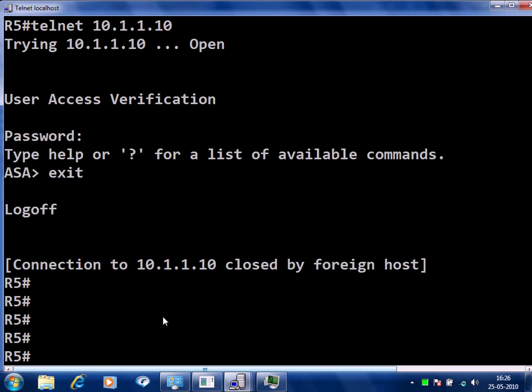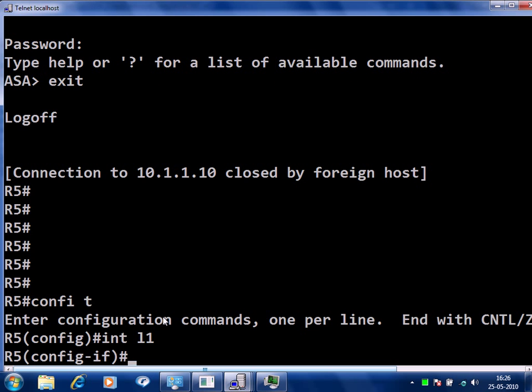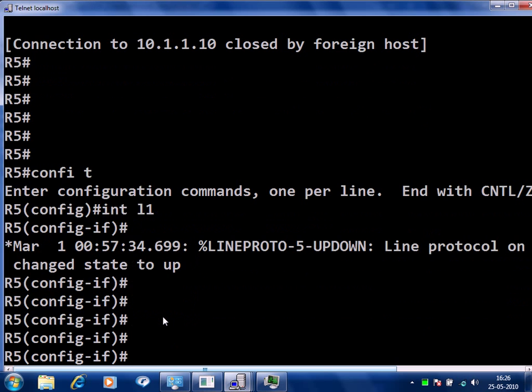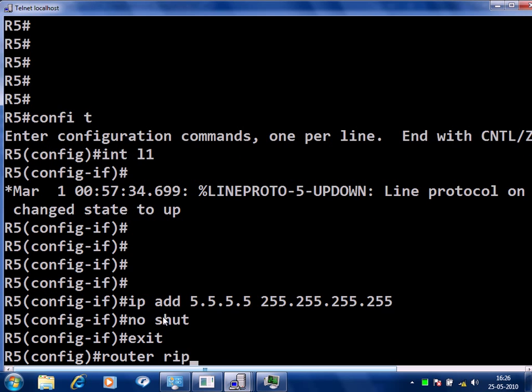Let's go to R5. Config T. Interface loopback 1. I am creating one loopback address so I can see the routing updates on ASA. IP address 5.5.5.5. Router RIP.